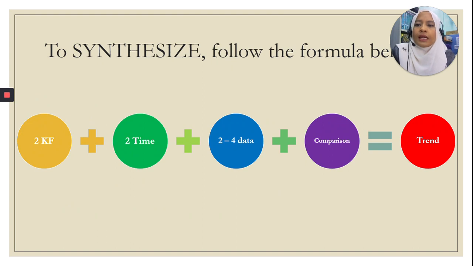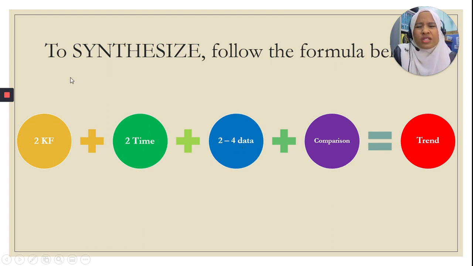And the next is to synthesize. How do you synthesize? Now, the difference between analyzing and synthesizing is that when you synthesize, you look at 2 key features with 2 time frames and 2 to 4 sets of data.